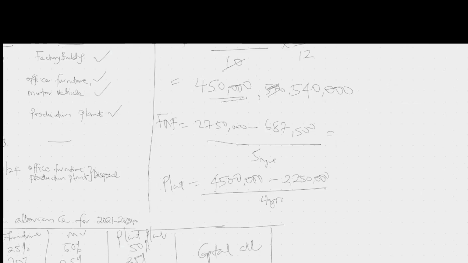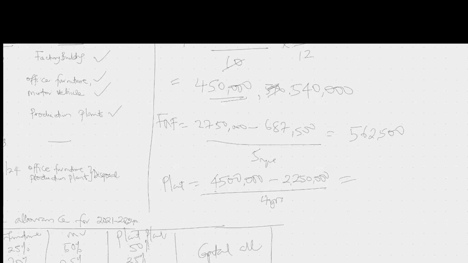Maybe for my next class, I'll bring you my calculator. So you guys are not talking. 562,500. What did you call it? 562,500. The second one. No, this is for the second one. Okay. Yes.